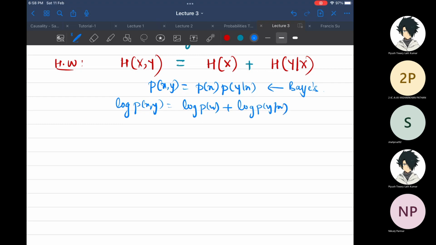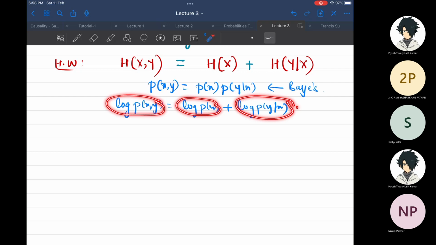So now see, there is log of joint distribution, log of marginal distribution, and then log of conditional distribution. Now let us see here. This is entropy of joint distribution, it is entropy of marginal distribution, and this is conditional entropy, right?